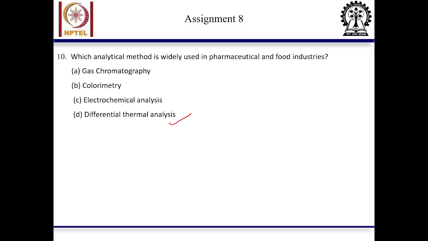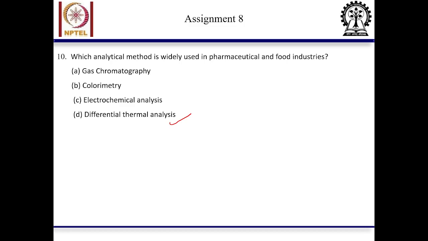Surya is saying C, the electrochemical analysis, calorimetric, and gas chromatography. Now Surya has put a question like why can't it be C, right? People also use electrochemical analysis. But your professor's lecture has already discussed that it's widely used in the pharmaceutical and food industry.